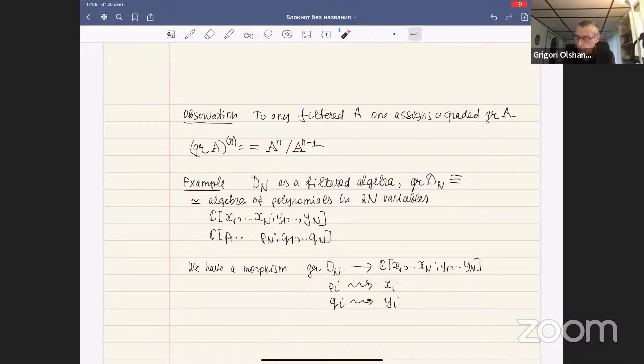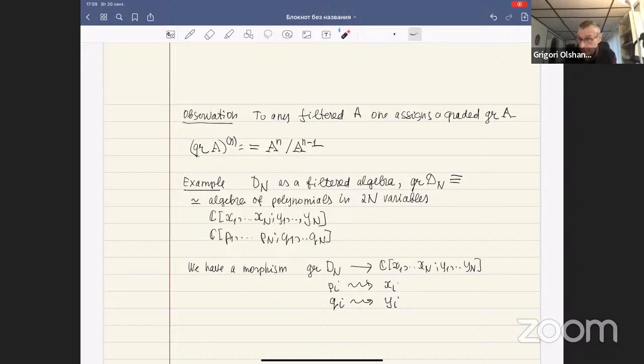What next? We have to prove that this map is an isomorphism. It is surjective. This is evident. And we need to check that the kernel is zero. The map is injective. And this is just another formulation of the fact that the normal monomials are linearly independent.